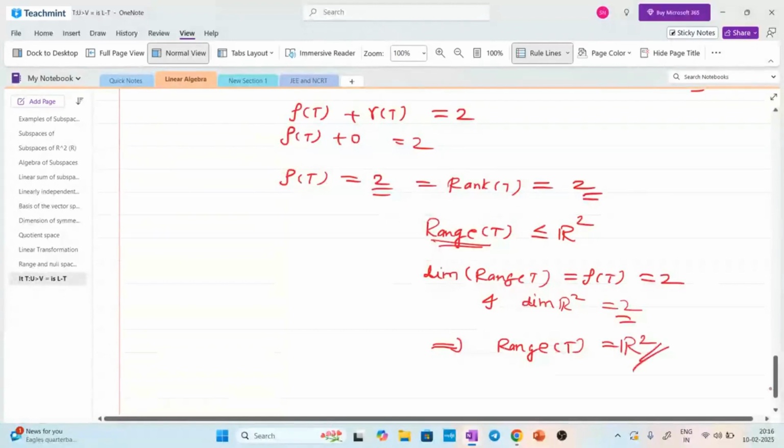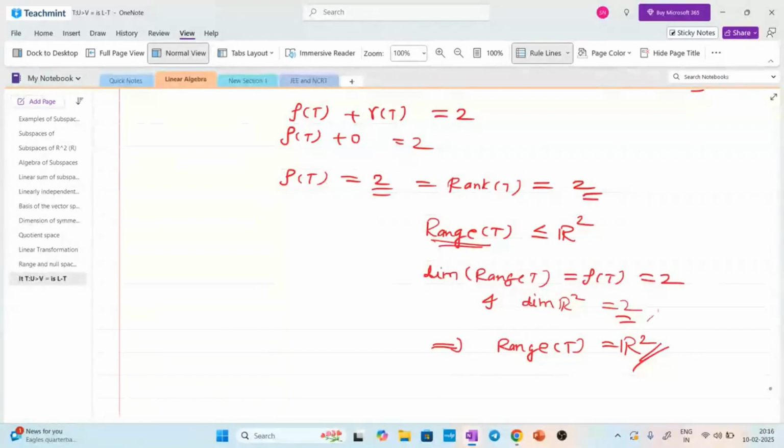Because its rank is 2, and the range is a subspace of R square, because T is from R square to R square.